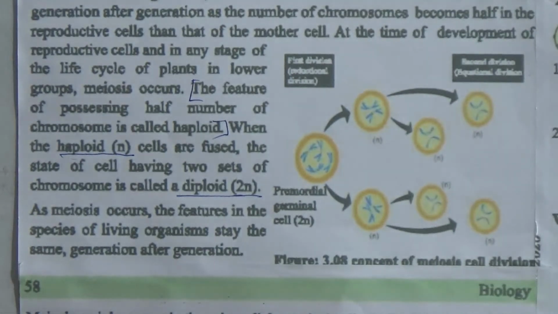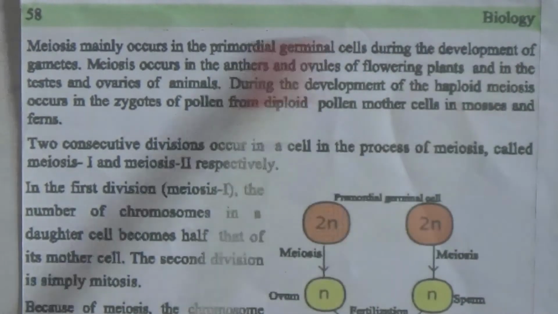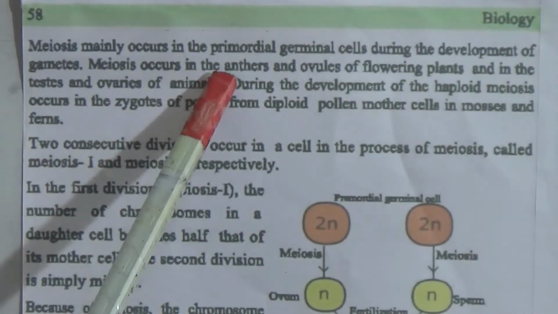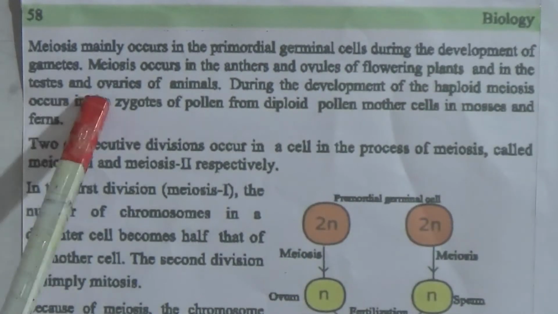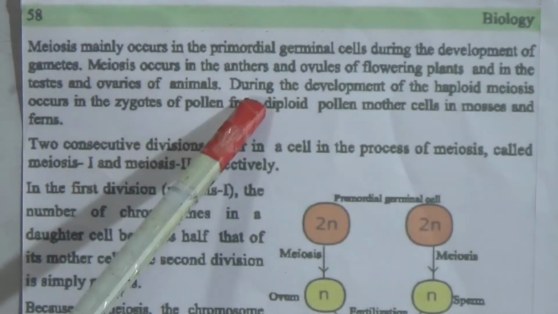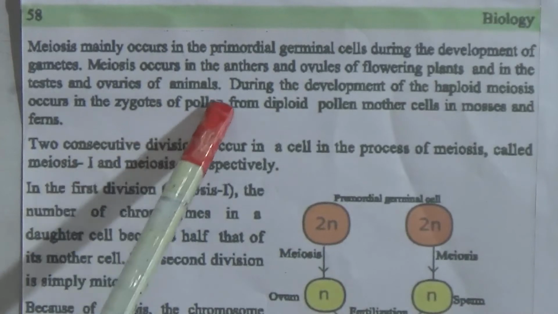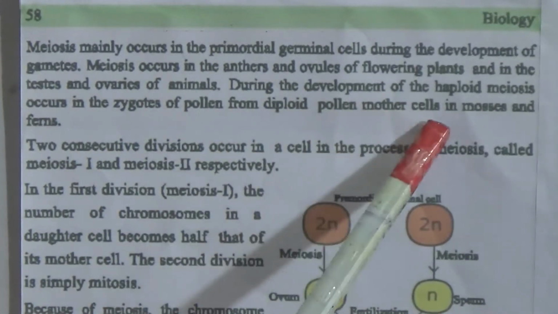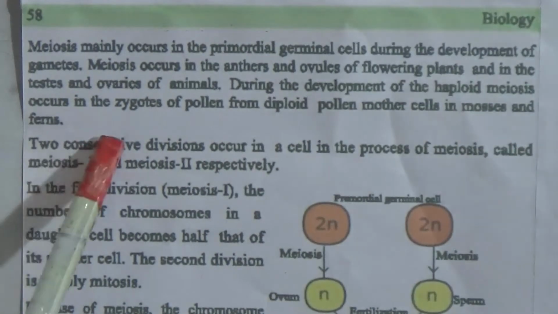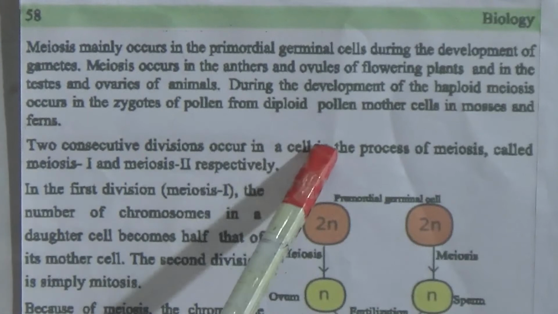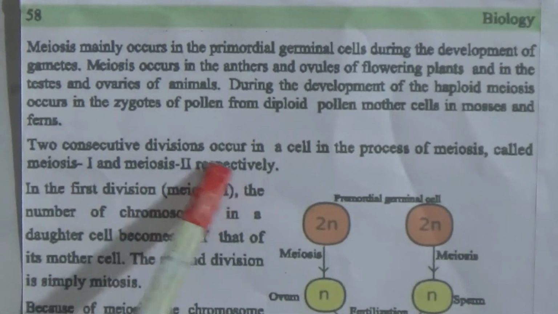Meiosis mainly occurs in the primordial germinal cells during the development of gametes. Meiosis occurs in the anther and the ovules of flowering plants, and in the testes and the ovaries of animals. During the development of the haploid in mosses and ferns, meiosis occurs in the diploid pollen mother cell. 2 consecutive divisions occur in a cell in the process of meiosis, called meiosis 1 and meiosis 2 respectively.